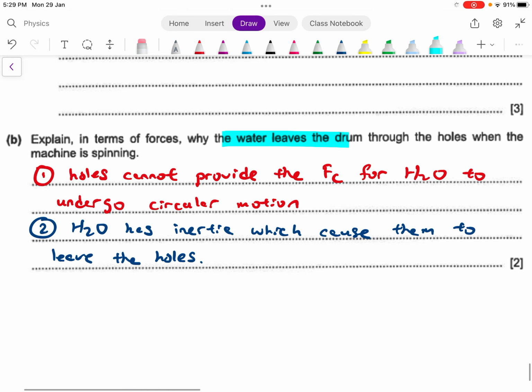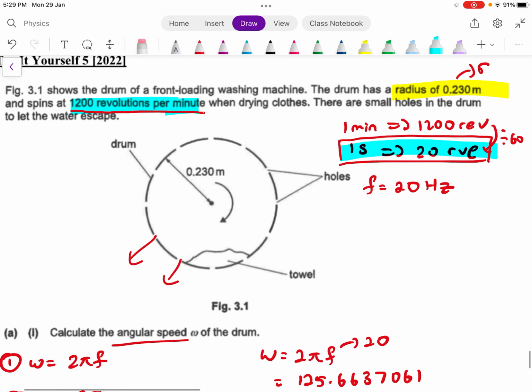So for part B, let's talk about the last part of the question. Explain in terms of the forces why the water leaves the drum through the holes when the machine is spinning. This means that the water is not undergoing any circular motion. Let's see what is happening. Imagine the water is right here. This is the water molecule, or water particle.